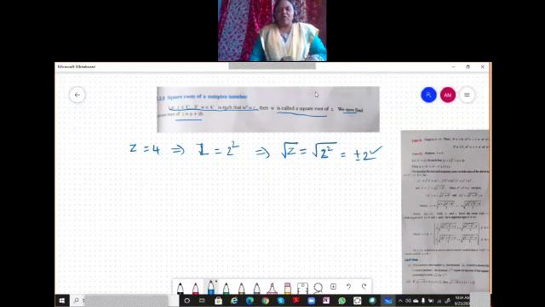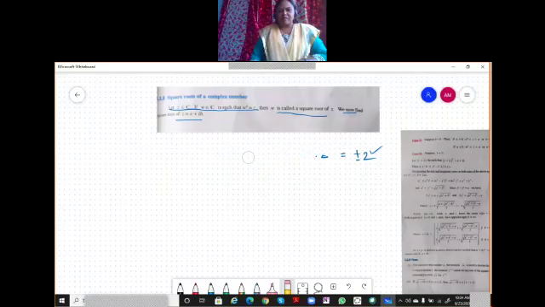So what we are going to do now, we are going to find the square root of a complex number. Let us take this z as a plus ib.